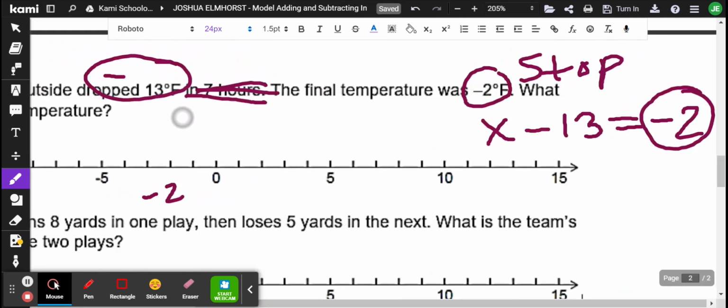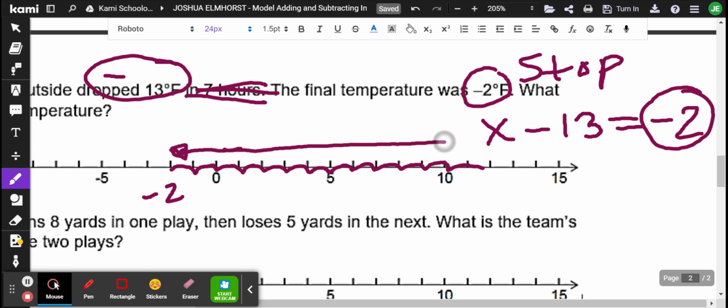Something happened, the temperature dropped, and we ended up at -2. It dropped 13. So if we back count 13, we're going to find the starting temperature.